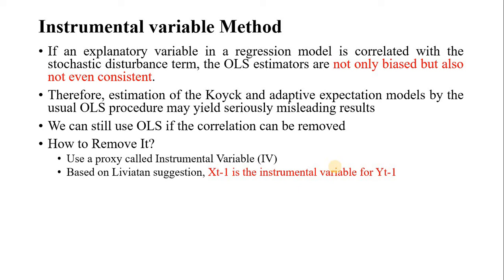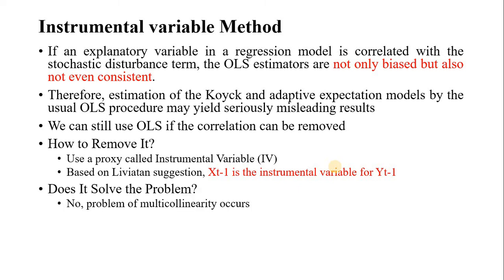So our equation will be yt is equal to intercept plus beta xt plus beta 1 xt minus 1 plus ut. If we use xt minus 1 instead of yt minus 1 in our equation and simply run Euler's, it will be called the method of instrumental variables.